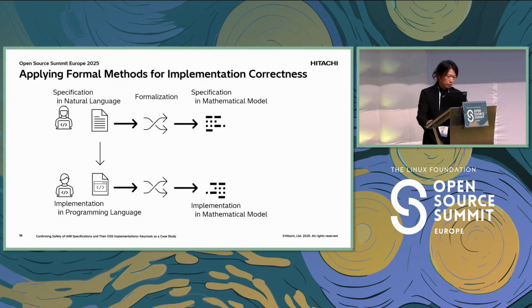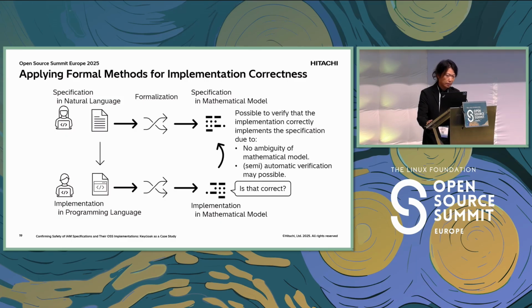By formalizing both the specification and the implementation onto some mathematical model, it can be done, because there is no ambiguity in a mathematical model, and also we can run automatic or semi-automatic verification methods against those models.